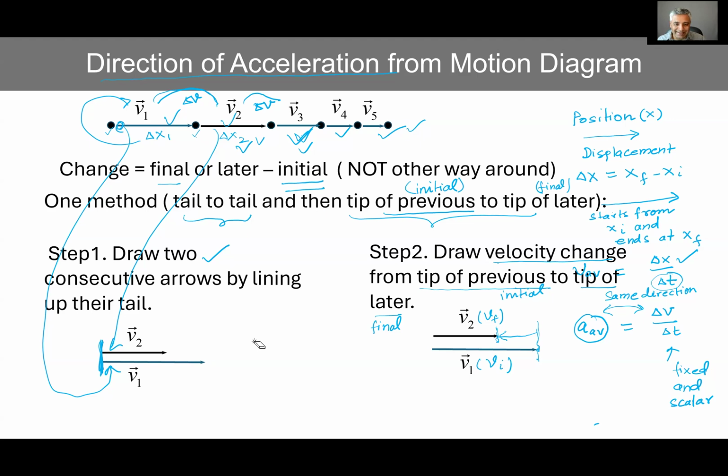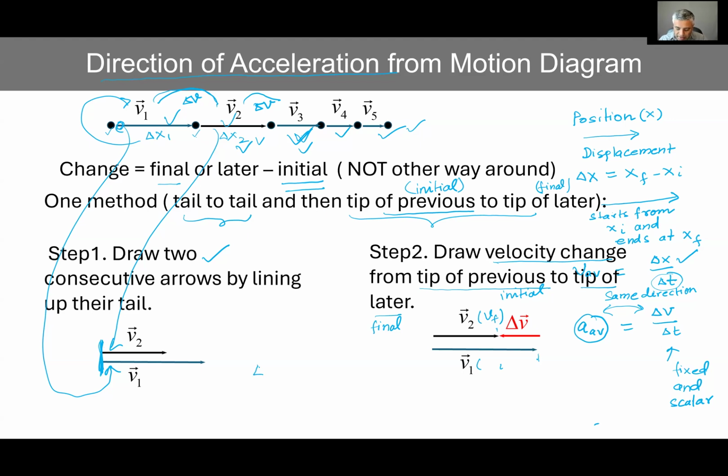Tails could be touching, right? If the tails were touching, then what would happen? The other one would be somewhere here, and this is going to be that. Okay, I think I have drawn that on the slide. So that is the change in velocity vector, and that is the direction of acceleration.